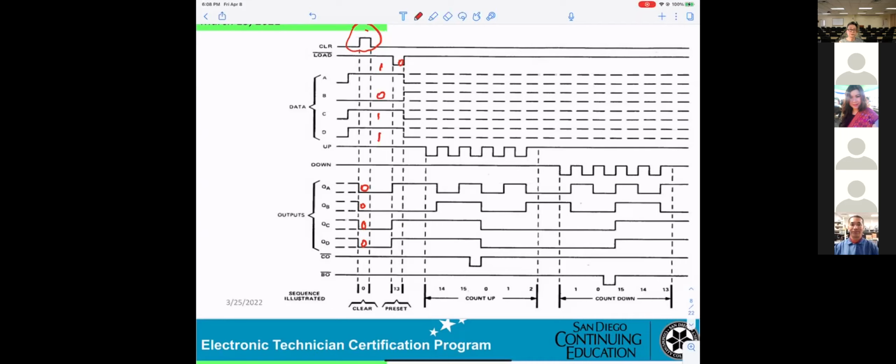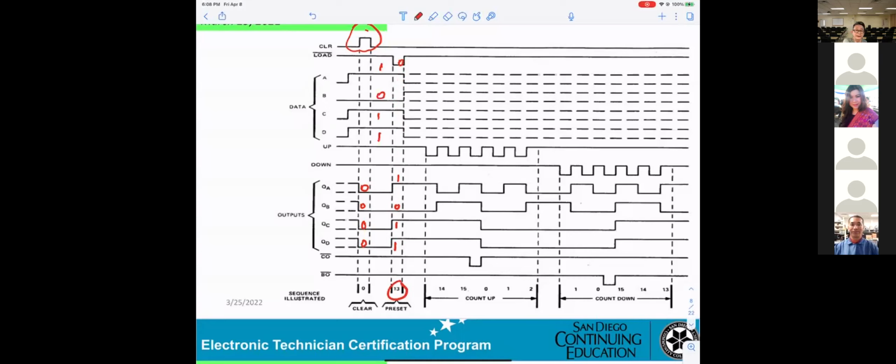It's 13. So now you can see when the load is 0, you want to see the output going down. Okay, and now you can see the output QA will be 1, 0, 1, 1. That number 13.